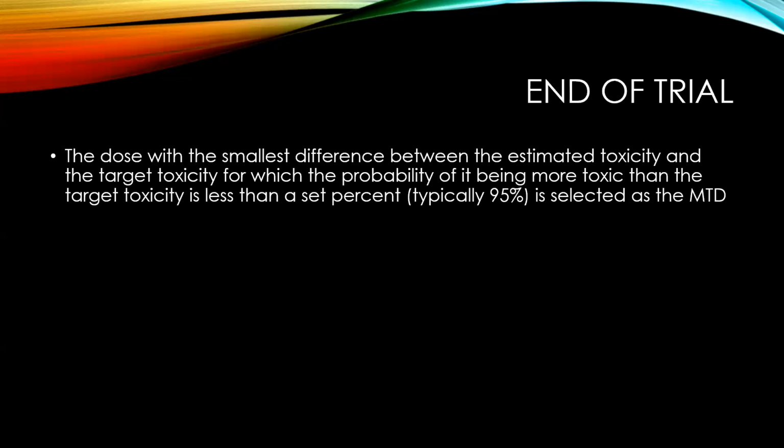So it's fairly simple. There doesn't have to be back and forth necessarily between the clinician and the biostatistician until the end of the trial, when we just look at the data and calculate what the MTD needs to be.